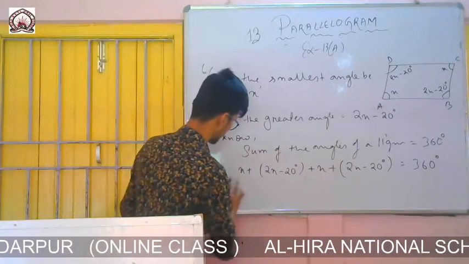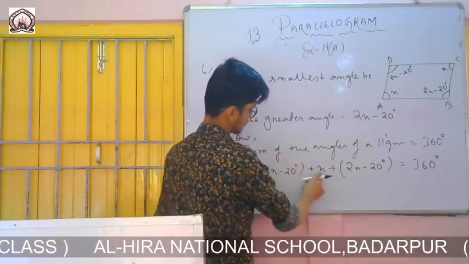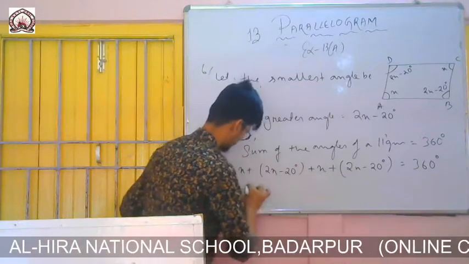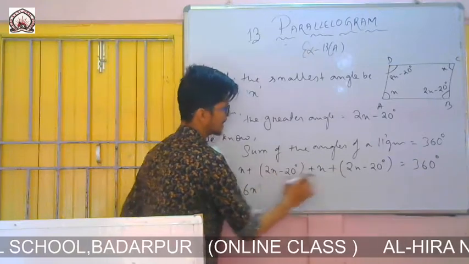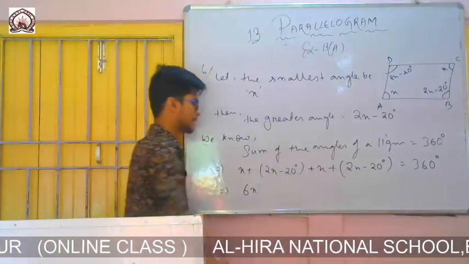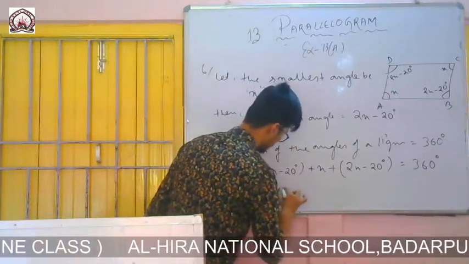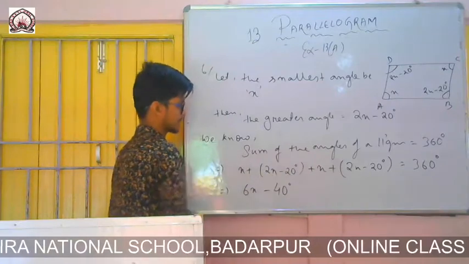So simply you see x plus twice x is 3x, 4x, 5, 6x. Minus minus here, 20 plus 20 is 40, but the sign will be minus because both of them have minus sign.